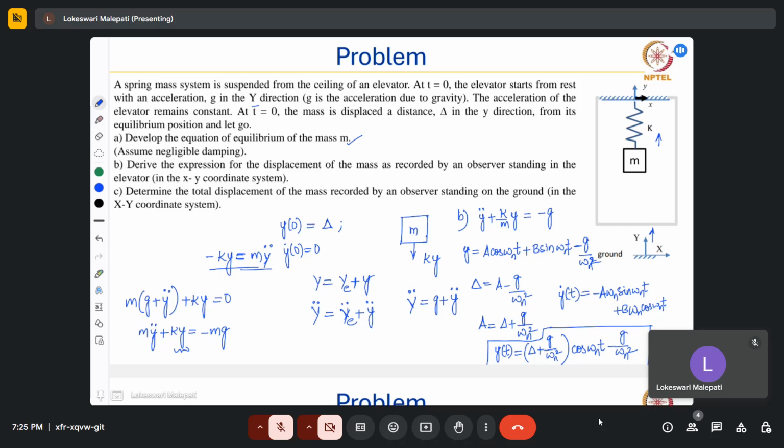I hope you are able to follow. Are there any doubts like in the derivation of this equation of motion?